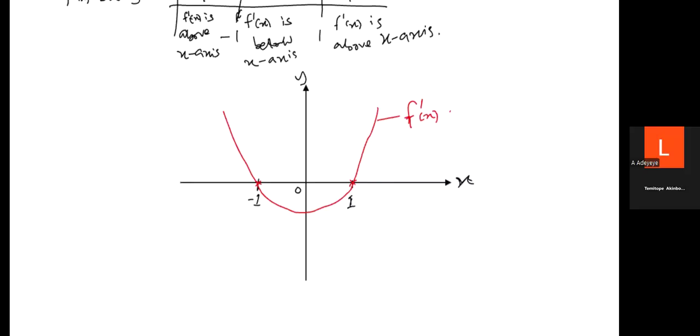So let me now share my graphing utility with you. Please approve for me to share screen.